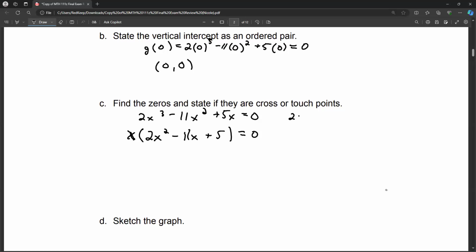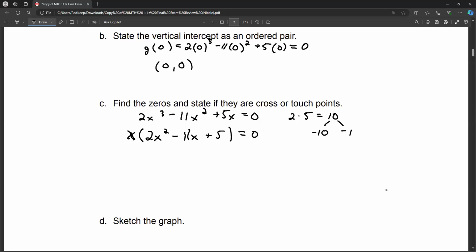So 2 times 5, or A times C, is equal to 10. I'm going to think about what factors of 10 add up to equal negative 11. That would be negative 10 and negative 1, if I'm not mistaken.